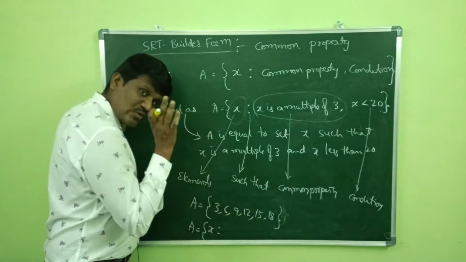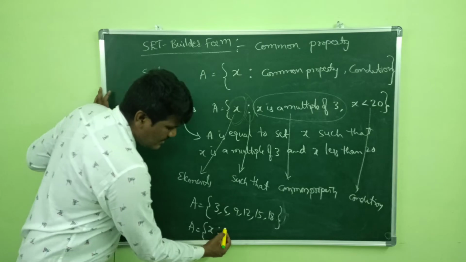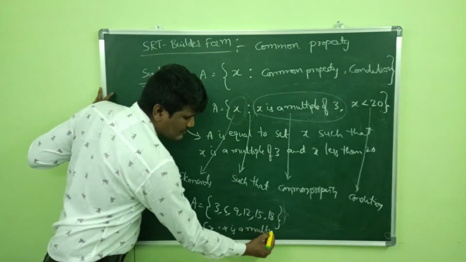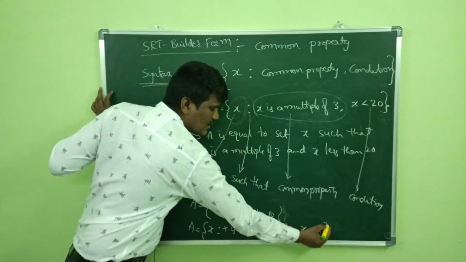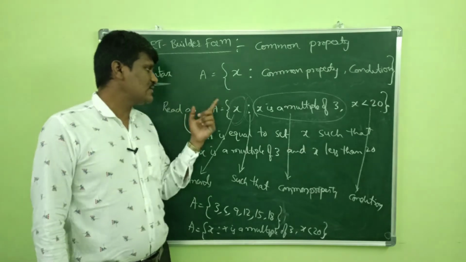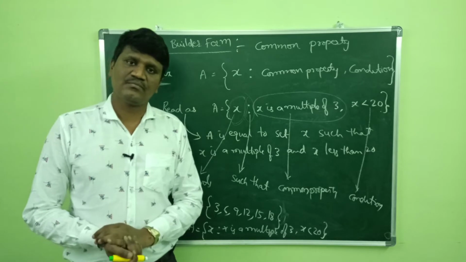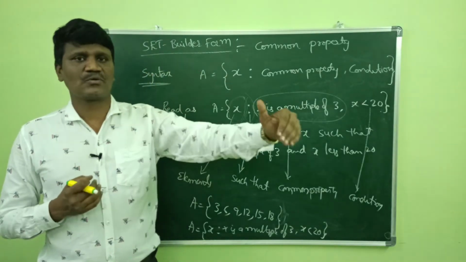So we should find out the common property from this. Then x is a multiple of 3, and x less than 20. So this is the way to write roster form and set builder form, roster form to set builder form and set builder form to roster form.